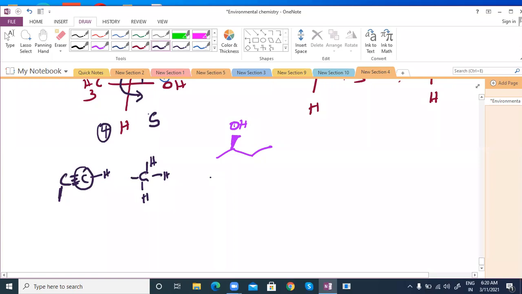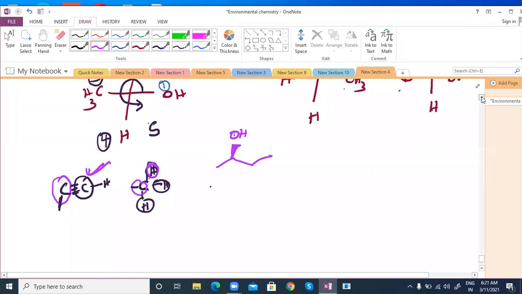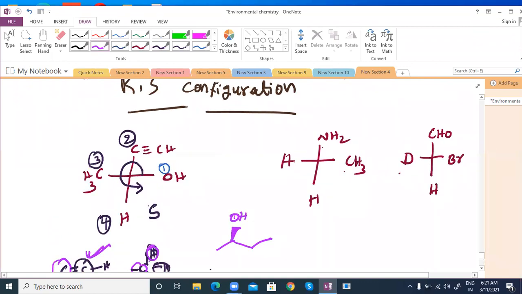But here the methyl carbon attaches to hydrogen. If the first atom is the same, then you have to choose the next atom. In both cases the first atom is carbon. But the next atom is also carbon in the case of C triple bond C, whereas here the next atom is hydrogen. So compared to hydrogen, carbon is the higher priority. That's why I chose C triple bond C as the higher priority compared to methyl.